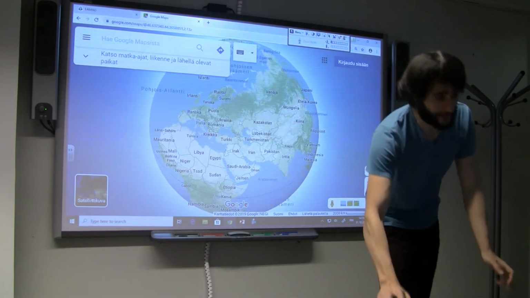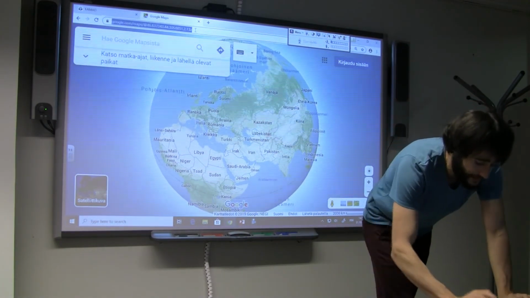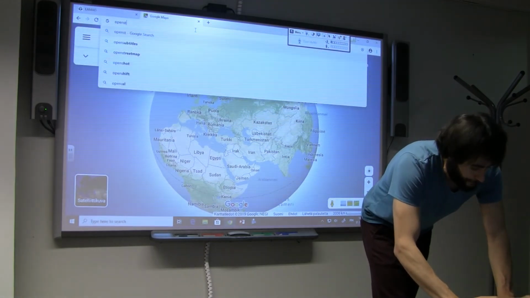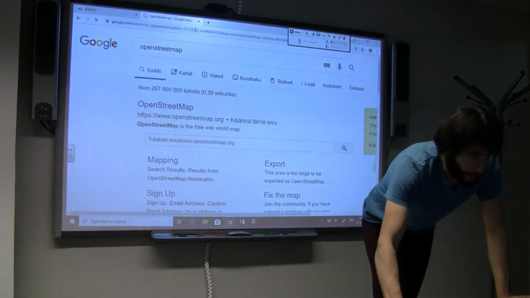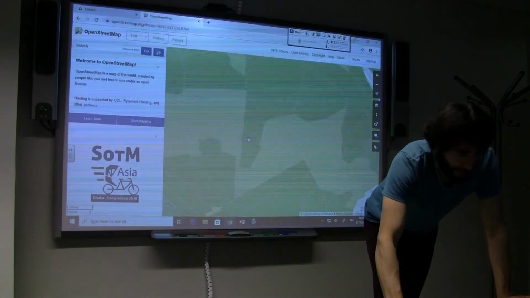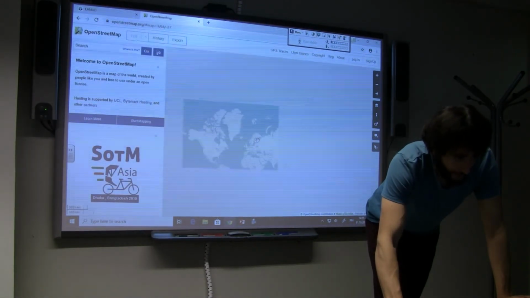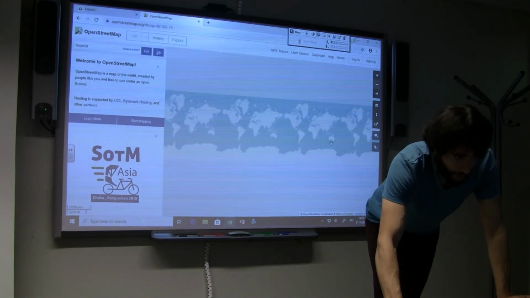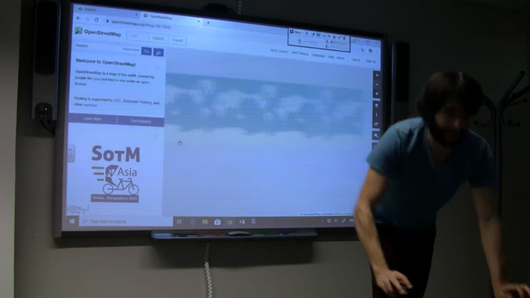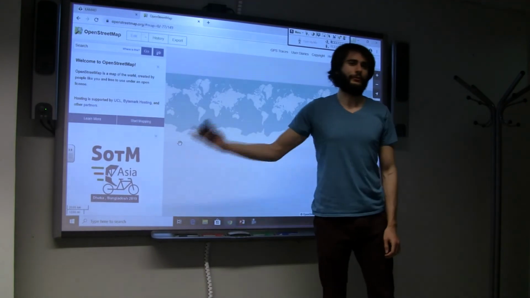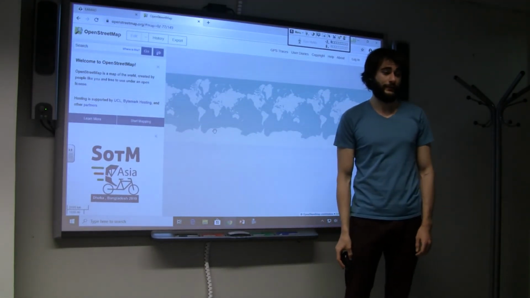But see, until last year, it used to be like any other map service provider. Like for example, OpenStreetMap. So you just have the Mercator projection, and they have this kind of trick that it goes forever if you go to the right.